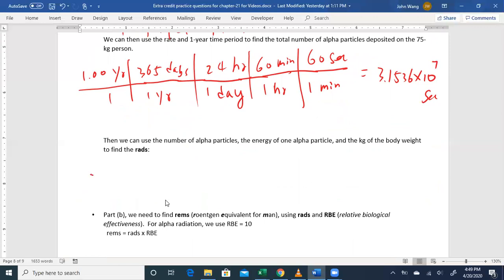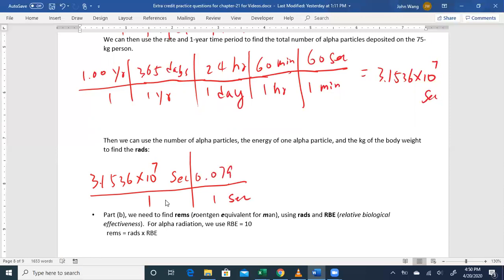So we have 3.1536 times 10 to the 7 seconds, and the DPS means for 1 second, how many disintegrations, 0.09287.